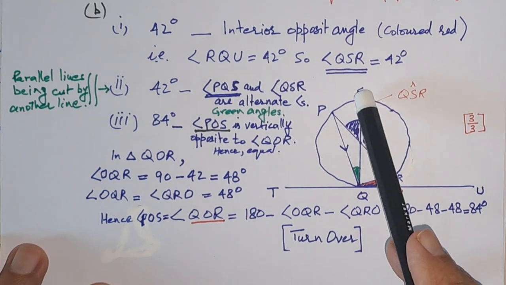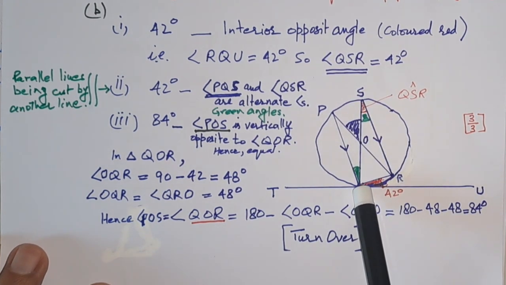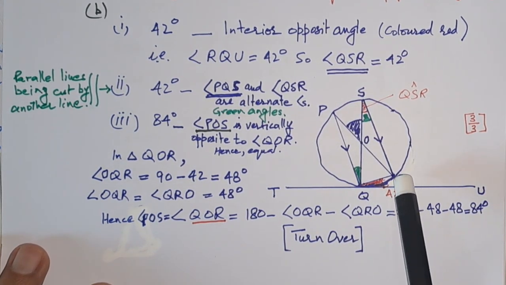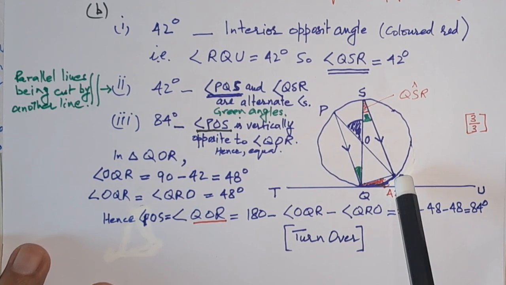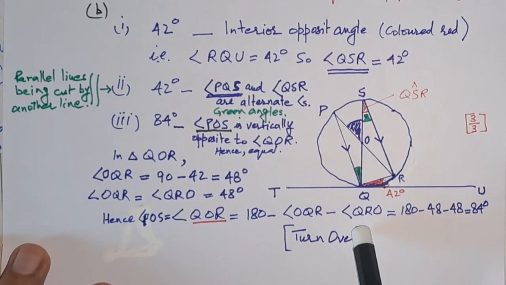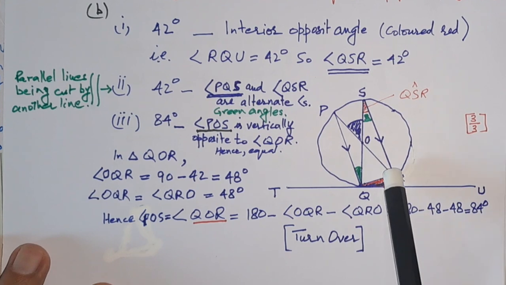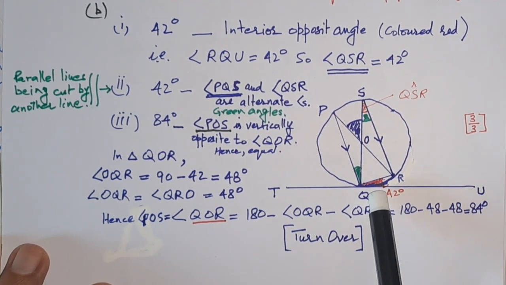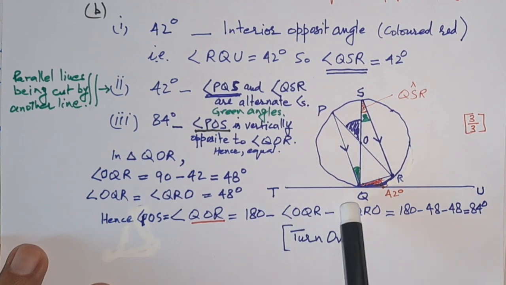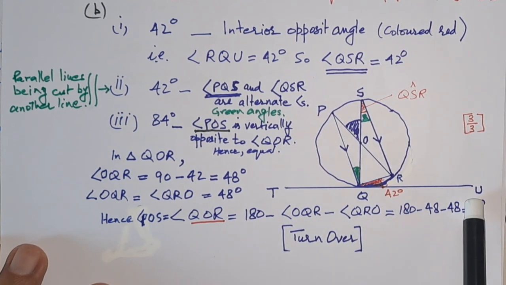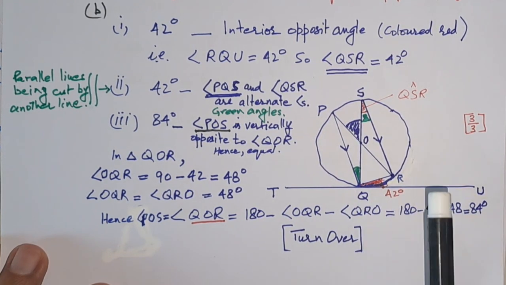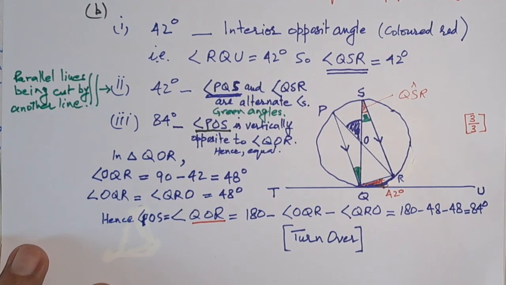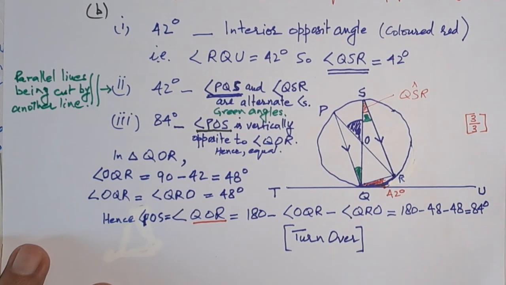Angle SQR is inside the triangle, and angle RQU is given as 42 degrees. TQU is a straight line, and it is a tangent to the circle at point Q.